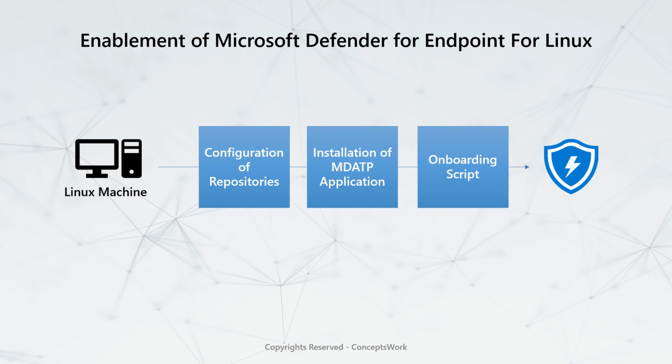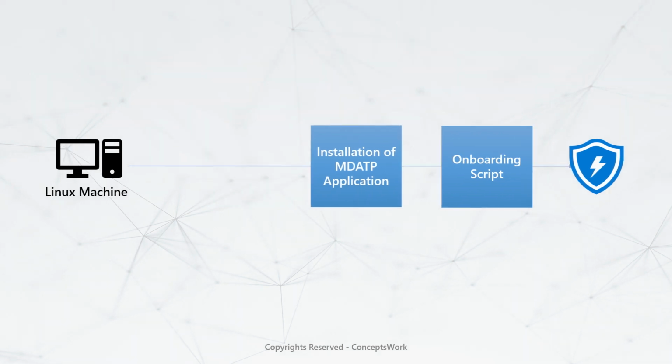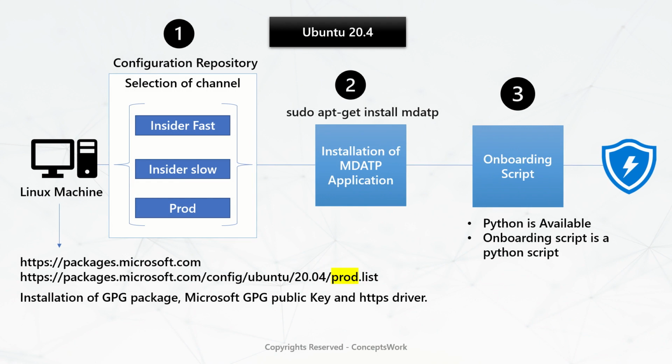Now, if I talk about some more details related to these 3 steps, the first step, which is configuration of repository, is the most important one, because here you are selecting the channel that you will be choosing for updates, or for the capabilities, to be very precise. So you can choose Insider Fast, Insider Slow, or Prod.